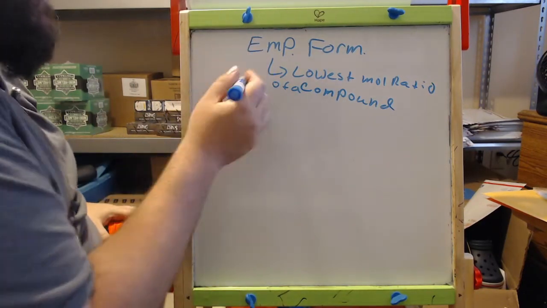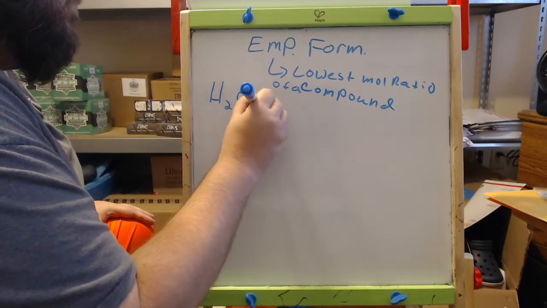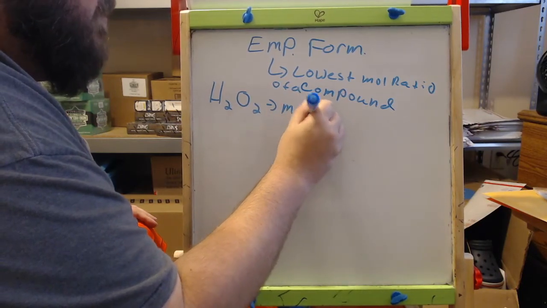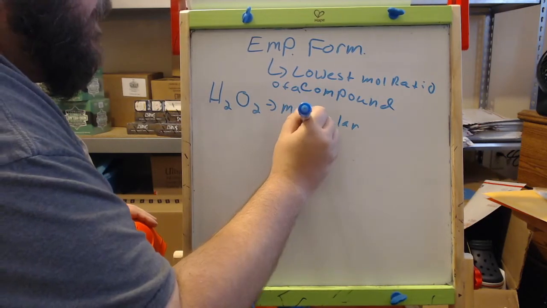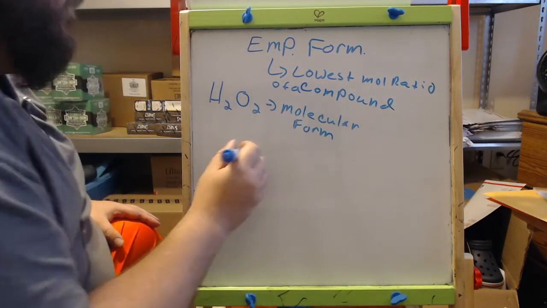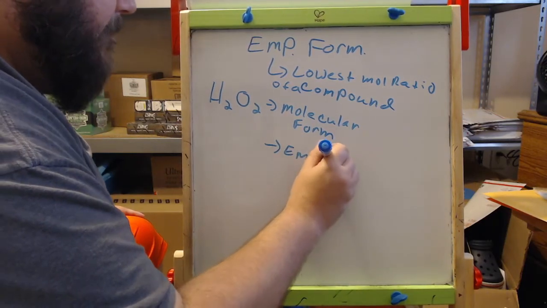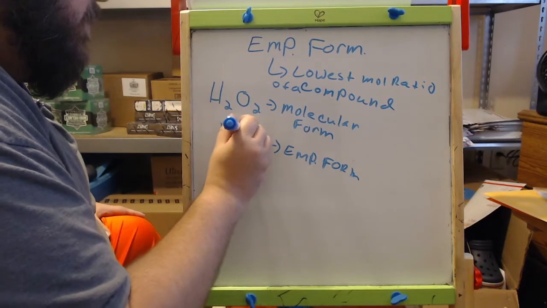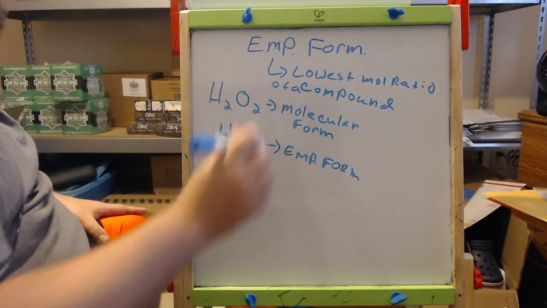So what I mean by that is this. If I had hydrogen peroxide, which is H2O2, this is, as we've been talking about, the molecular formula. The empirical formula gives you the lowest ratio, which would be HO, because each one is divided by 2.